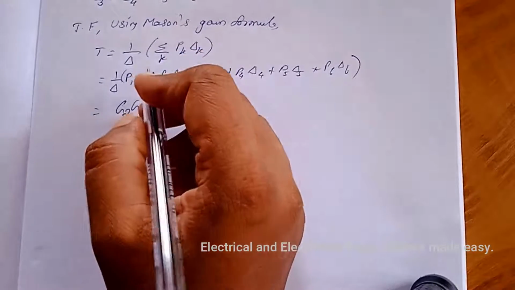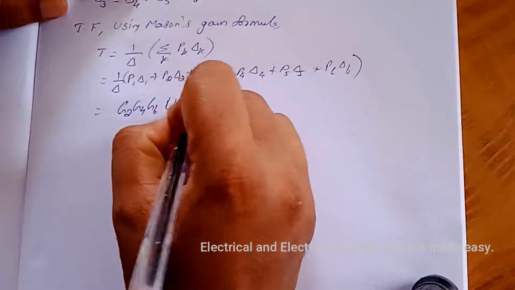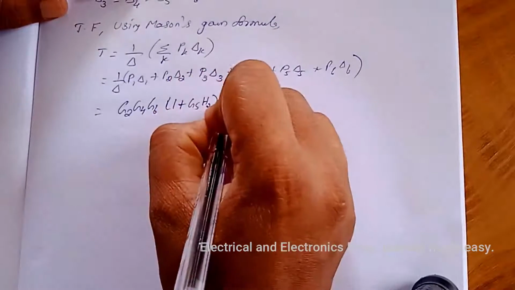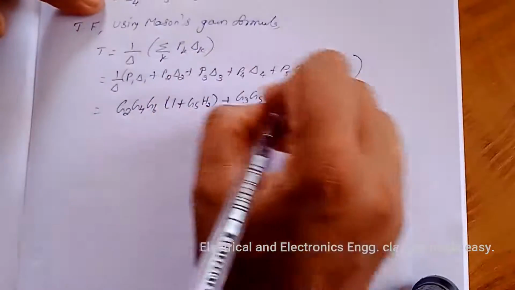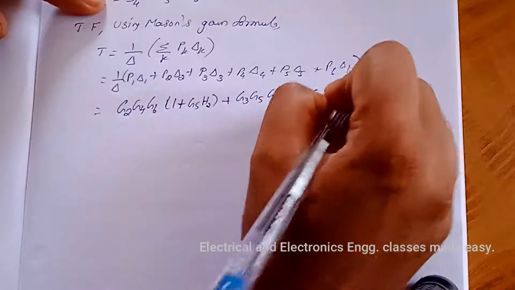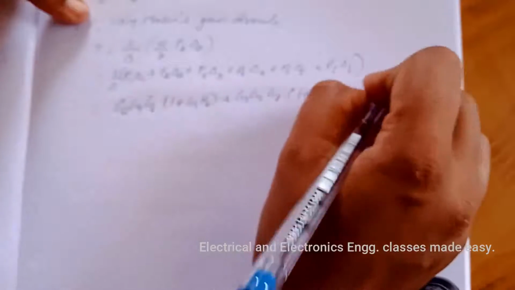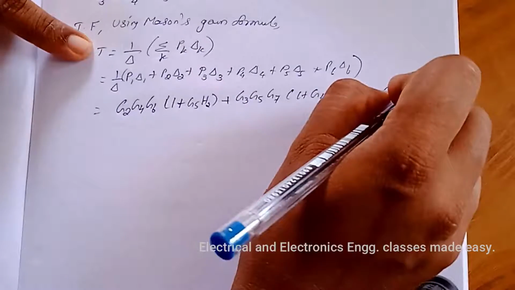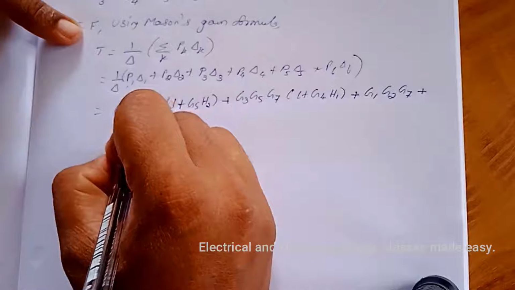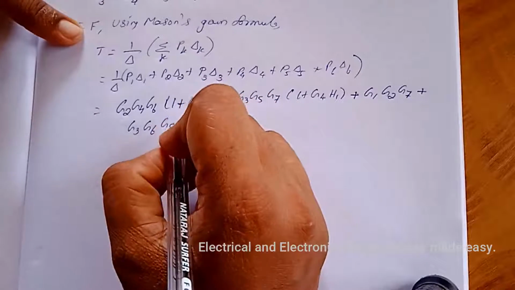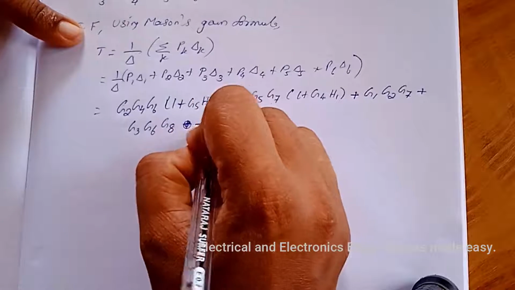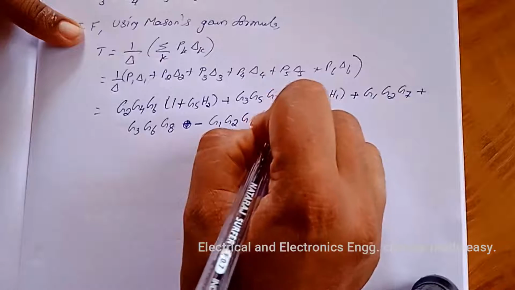So P1 is G2 G4 G6 into delta 1 is 1 plus G5 H2, then plus P2 is G3 G5 G7 into delta 2 is 1 plus G4 H1, then plus P3 is G1 G2 G7, delta 3 is 1, then plus P4 is G3 G6 G8 into 1, plus P5 is minus G1 G2 G6 G8 H2.